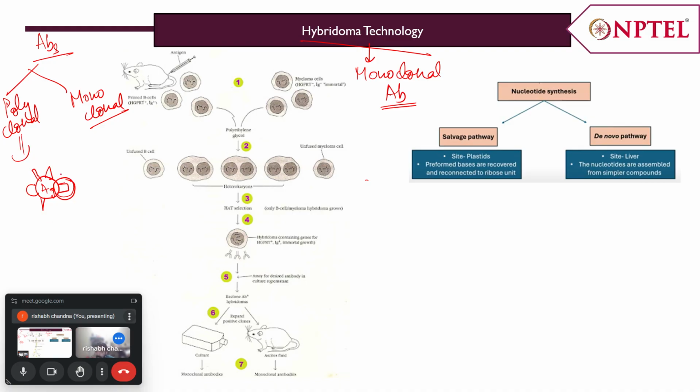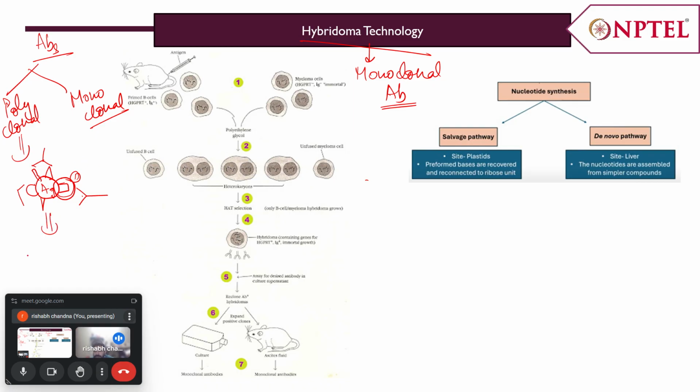For example, here I have shown you different shapes. Now if in a population we have an antibody against the first epitope, and this particular epitope and this particular epitope, then we have a mixture of all the antibodies against all of these epitopes.